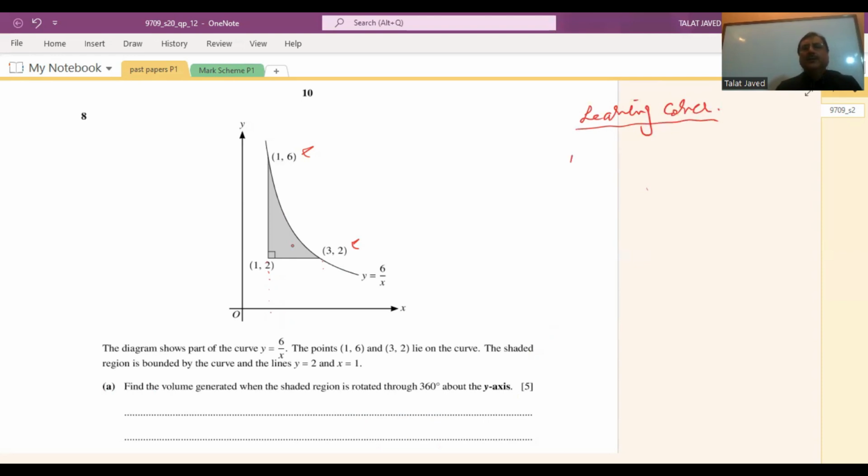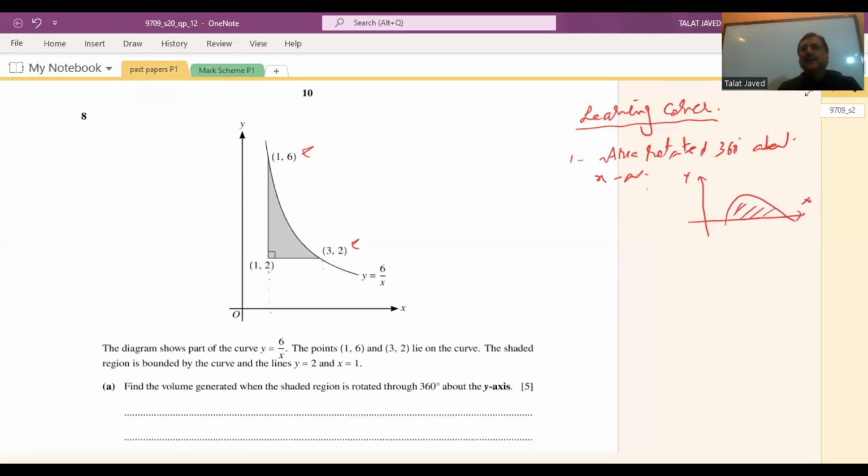We have three formulas to find the volume. Number one: area rotated 360 degrees about the x-axis.